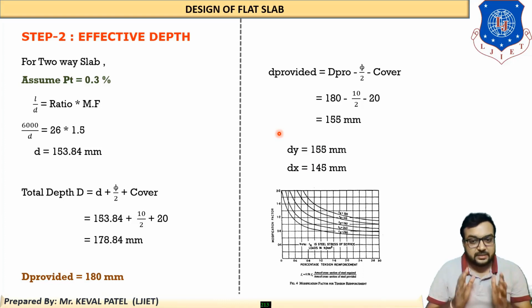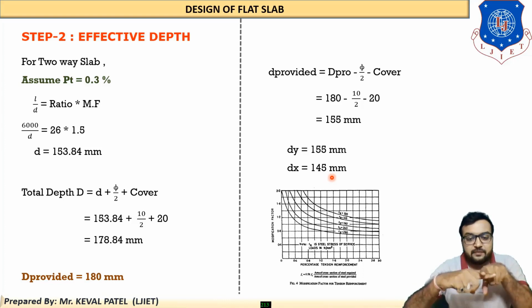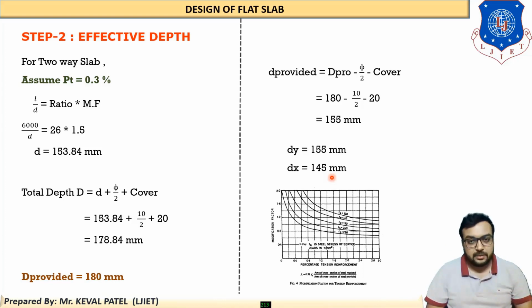So this is the major difference between flat slab and normal slab. Students, this is our dy, which is equal to 155 mm, and our value of dx is 145 mm, which is found from dy minus 10, because this is our dy and this is our dx. So this value is 145 mm.